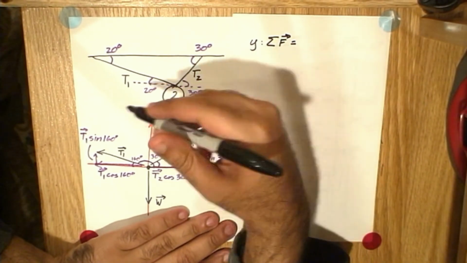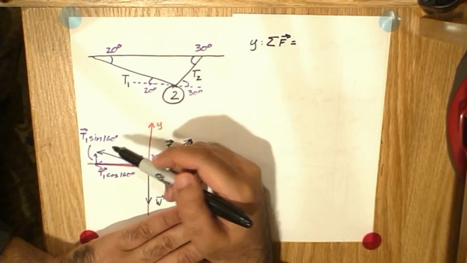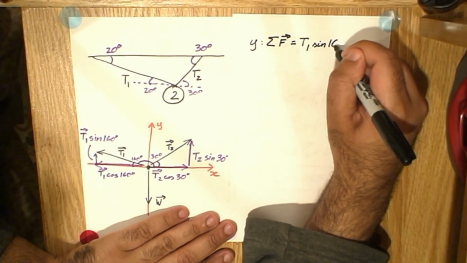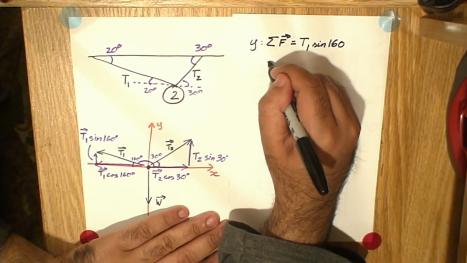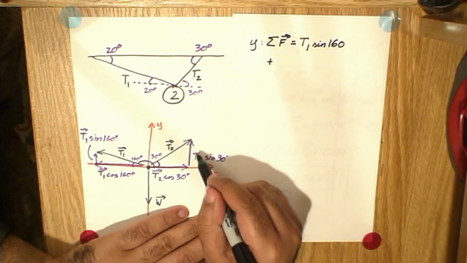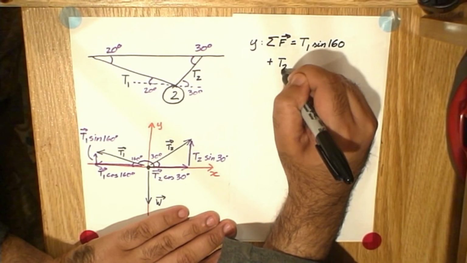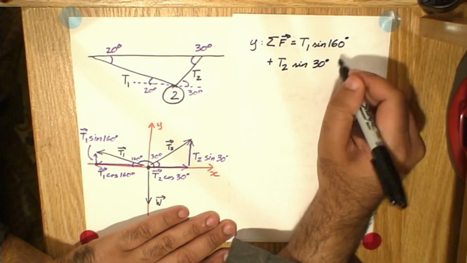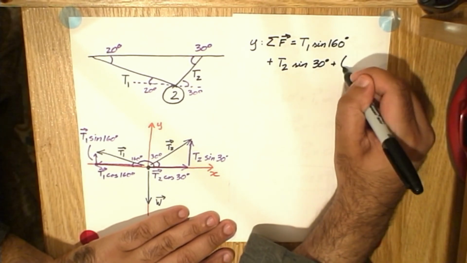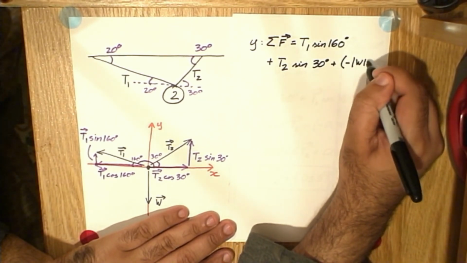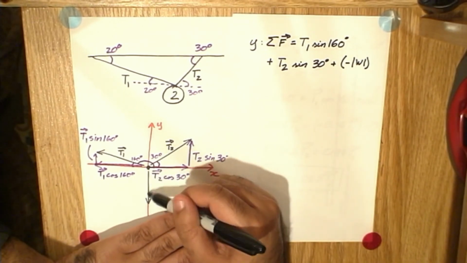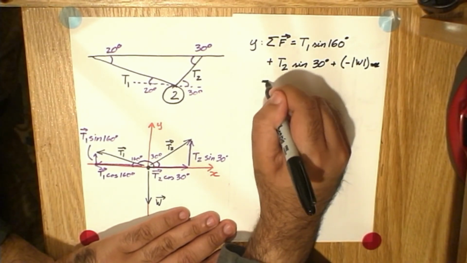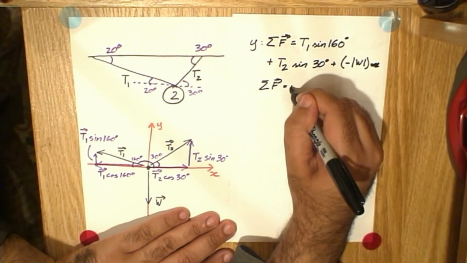There is the vertical component of the first tension, plus the vertical component of the second tension, plus the negative weight, which is pointing downwards. And all of that is going to equal mass times acceleration.